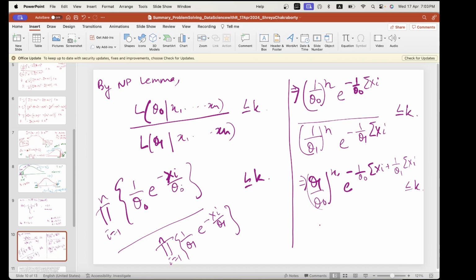Alright. So if we move this to the right hand side, we'll have e to the power minus 1 by theta naught summation xi plus 1 by theta 1 summation xi should be less than or equal to some k star, because it will be multiplied with this factor. This is not negative, so there is no question of change of the inequality sign.